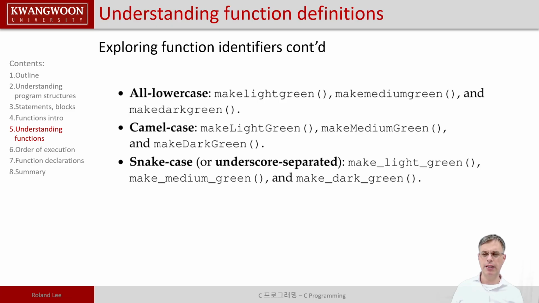If you choose one identifier naming convention, stick to it through your program, so don't change. If you make all lowercase, then take only all lowercase in your program. Do not mix different identifier naming schemes, as this makes remembering the exact name of the function identifier as well as other identifiers much more difficult and error prone.